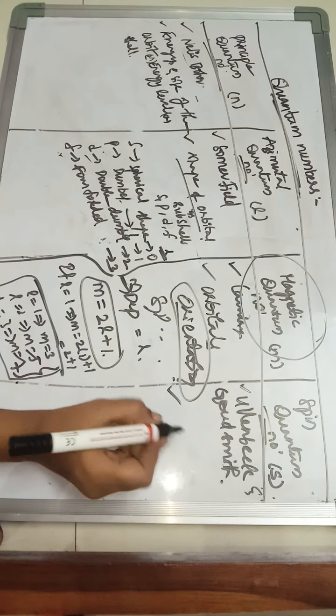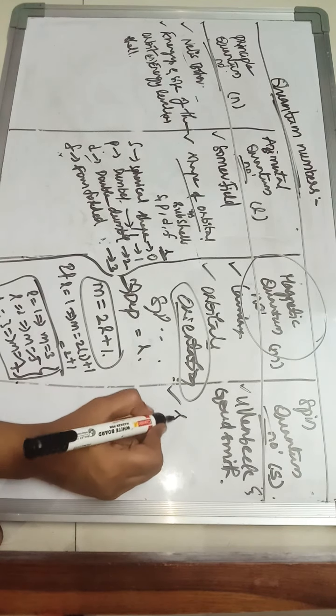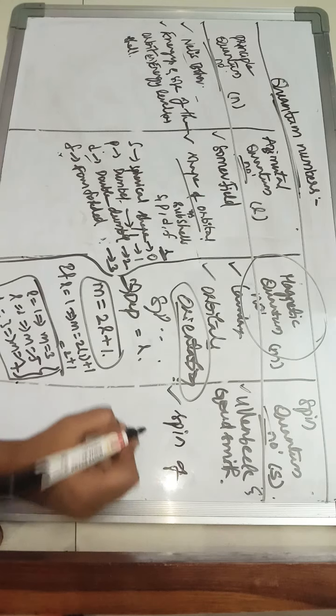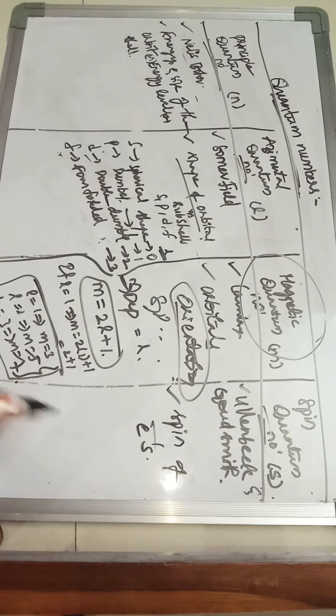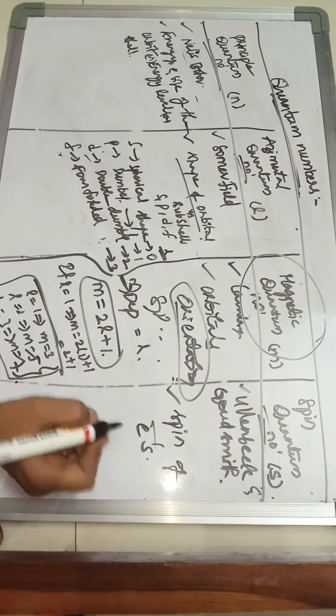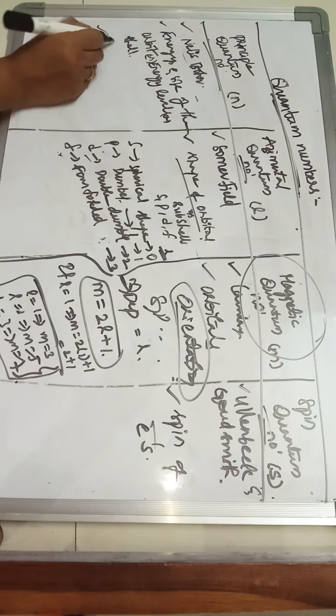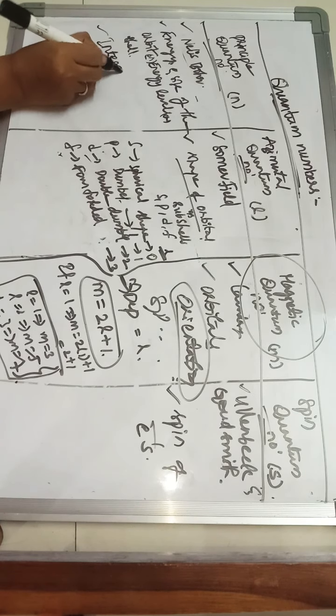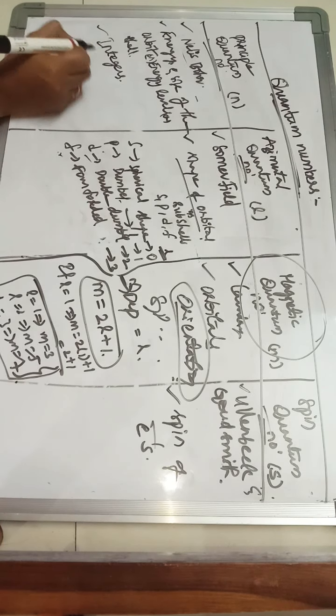Here the spin quantum number explains the spin of electrons which are moving outside the nucleus in atoms or molecules. Okay, and here the principal quantum number is always an integer value, never ever 0 or negative.